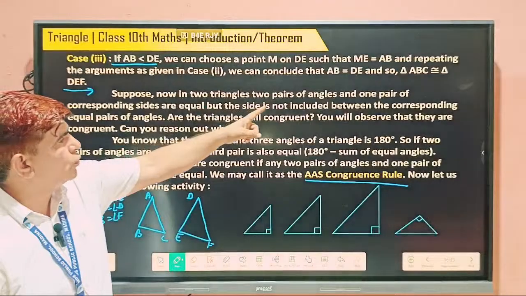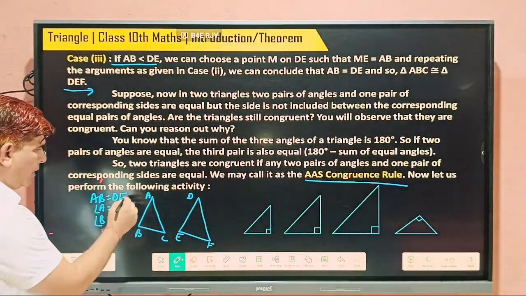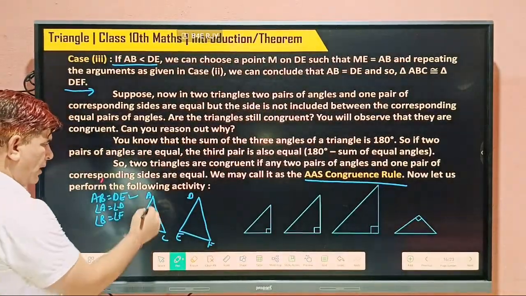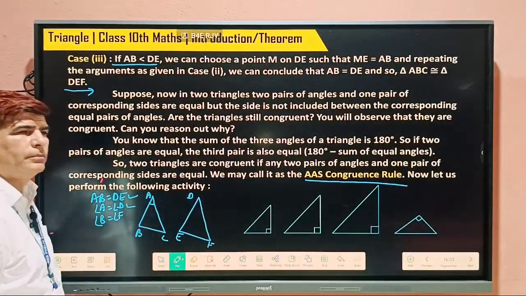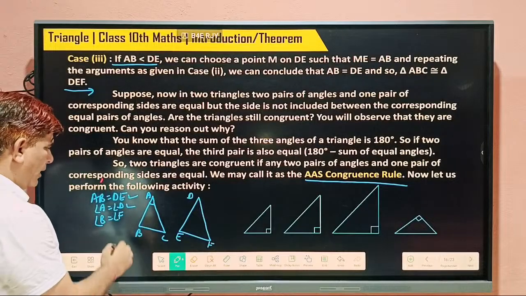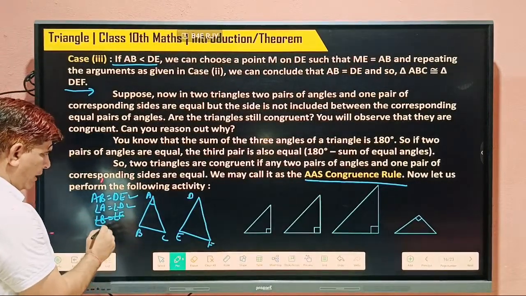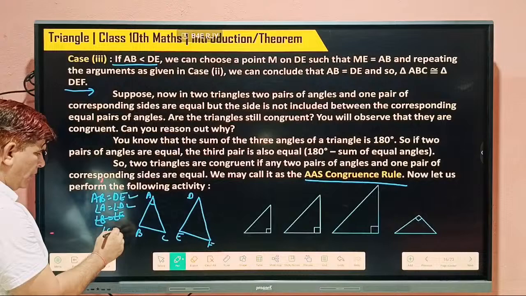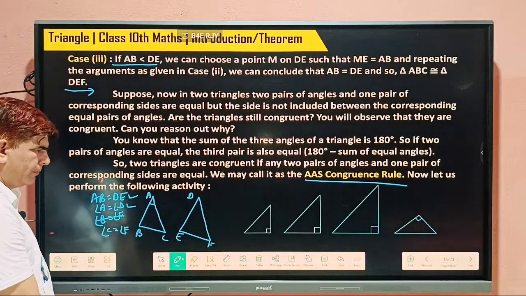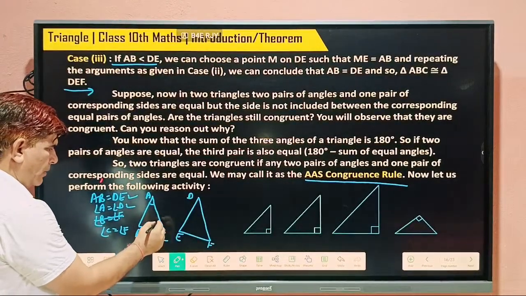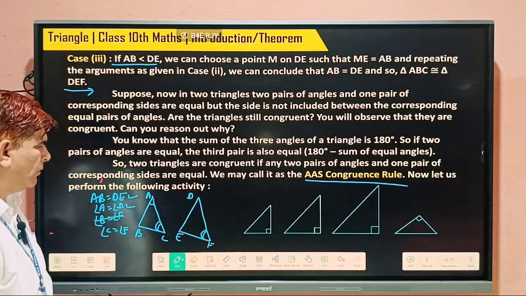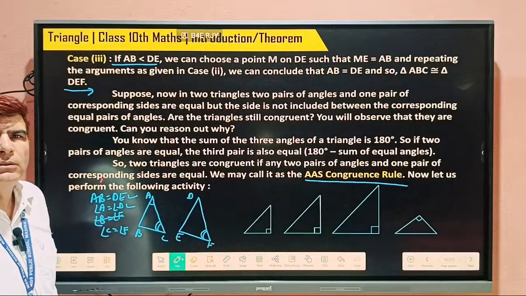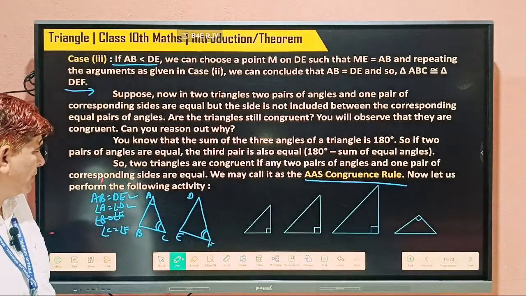In two triangles, two pairs of angles: AB equal to DE given, angle A equal to angle D given, and angle C equal to angle F given. This angle equals this angle. Then what can you say about congruency?